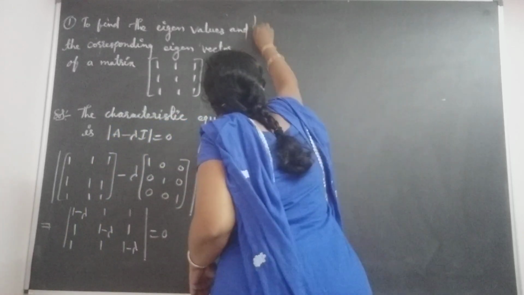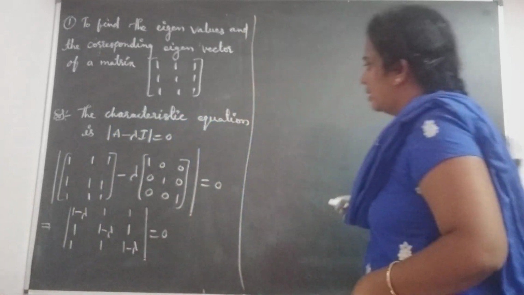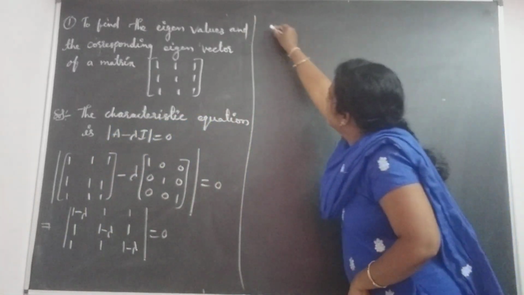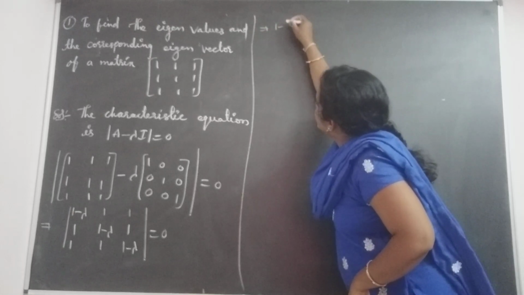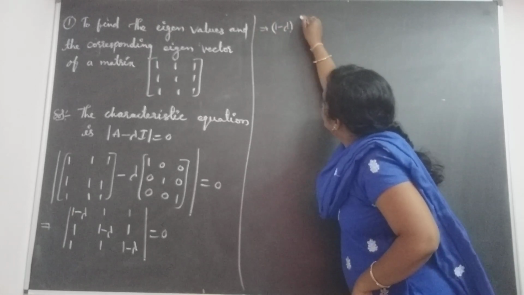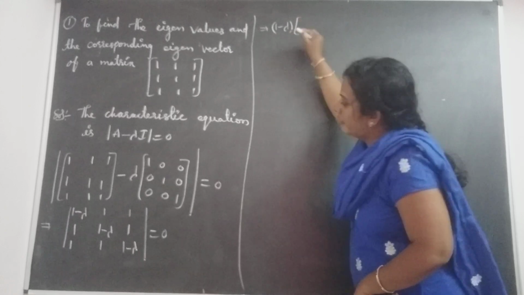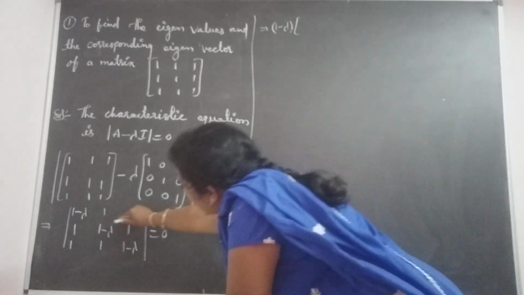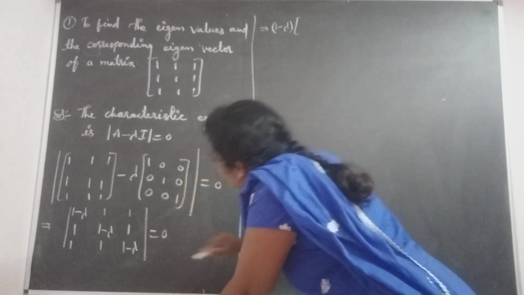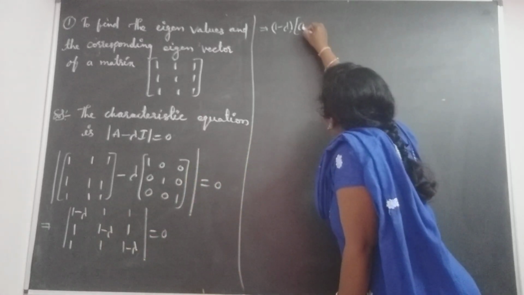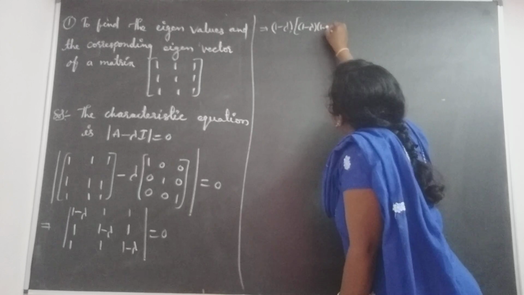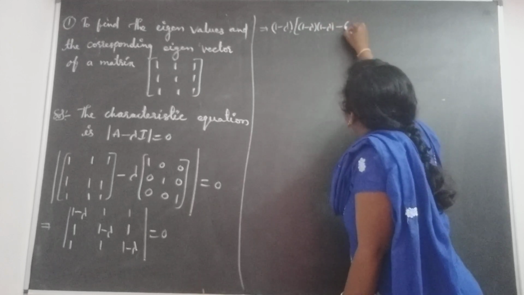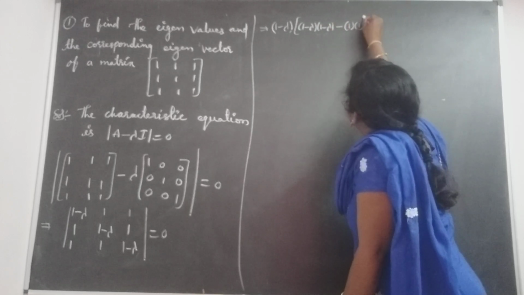To find the determinant, we take 1 minus lambda times the 2 by 2 matrix left after eliminating the corresponding row and column: (1 minus lambda)(1 minus lambda) minus 1 into 1.